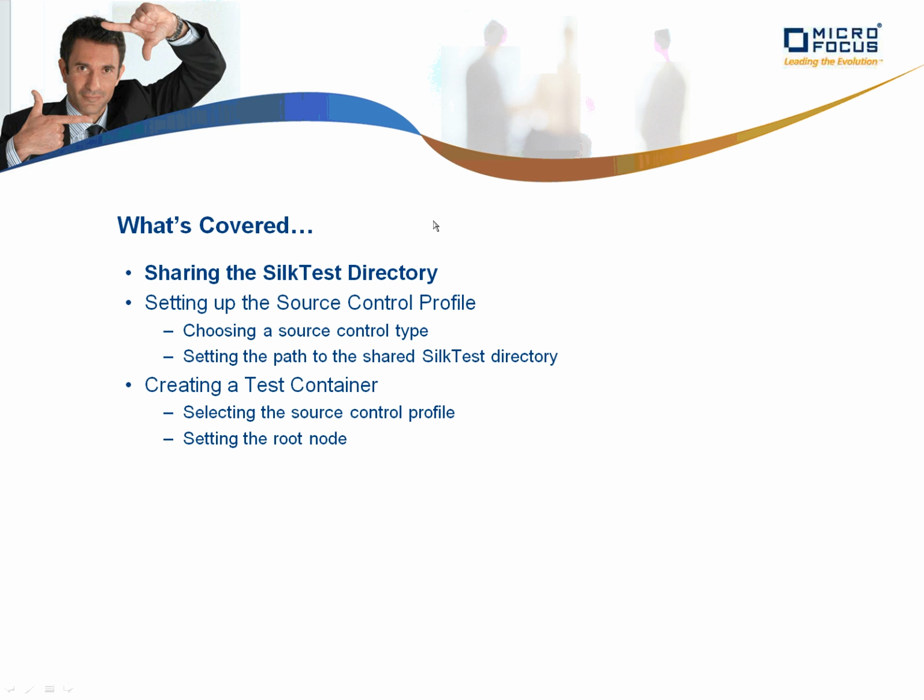So at this point, we've shared our SilkTest directory, so SilkCentral can access those files. We've set up the source control profile in SilkCentral so that it knows where to find the SilkTest projects. Now the third step is to actually create a test container in our test plan and point to some of those SilkTest assets that we'd like to execute from SilkCentral.